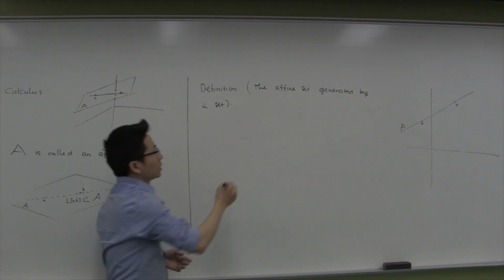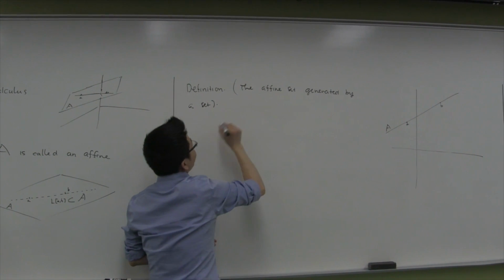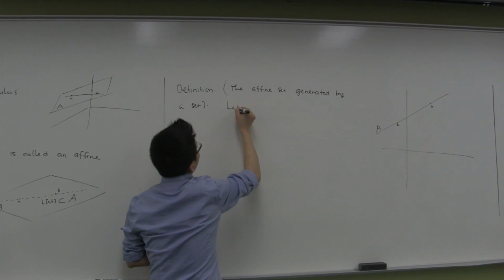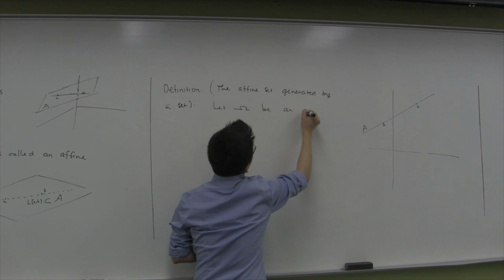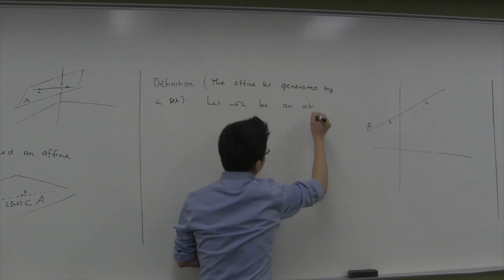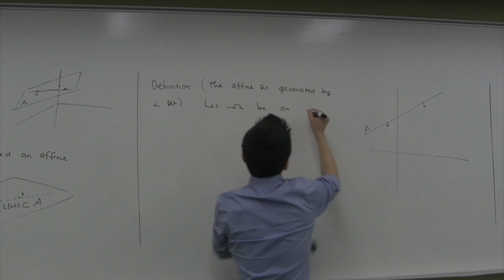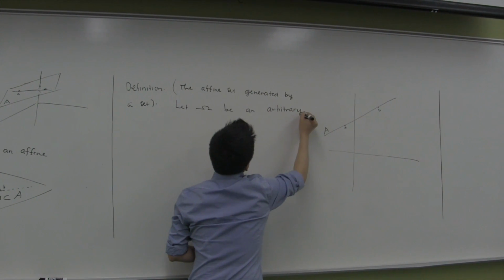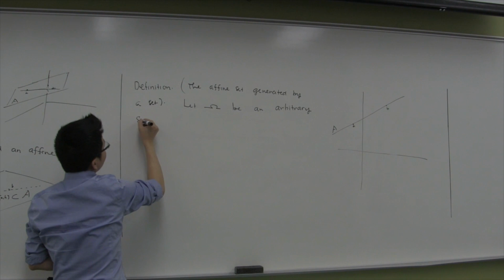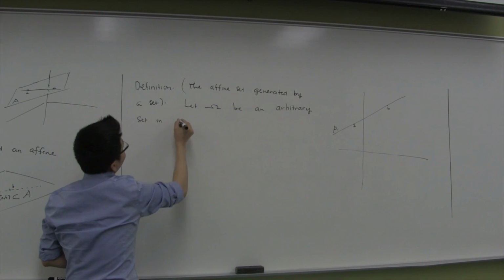Okay, so the definition is as follows. Let omega be an arbitrary set in Rn.